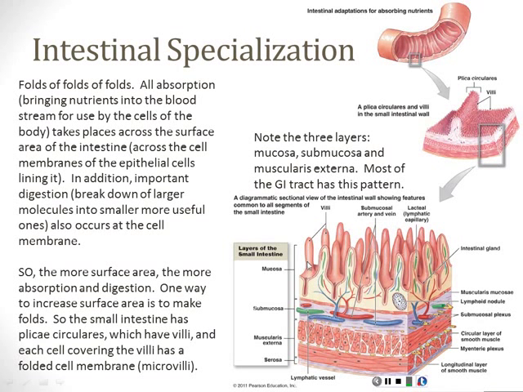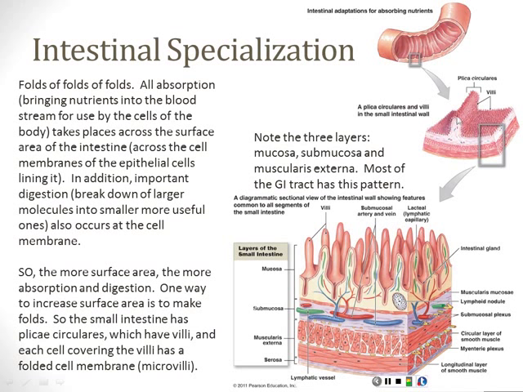So I talked about the wrinkled sheet last time. We see a lot of wrinkles in the small intestine in particular. So pooching out from the walls, we have fixed wrinkles called plica circularis. Unlike the rugae of the stomach, the plica are always present. So whether the intestine is full or empty, the plica circularis are present.